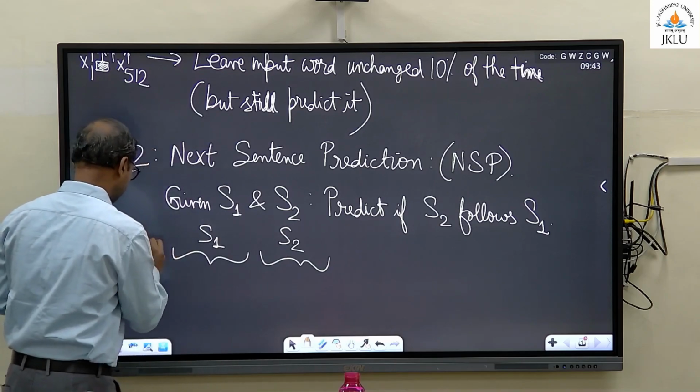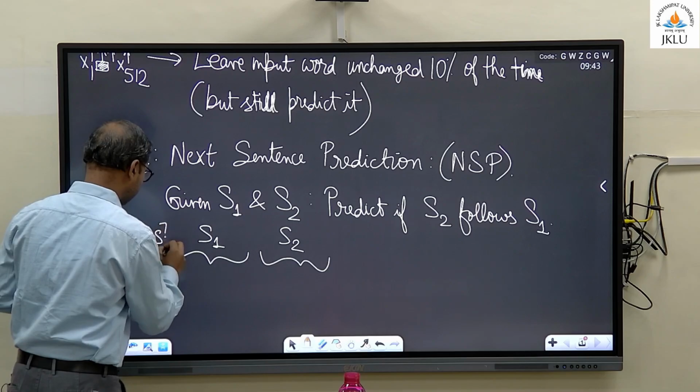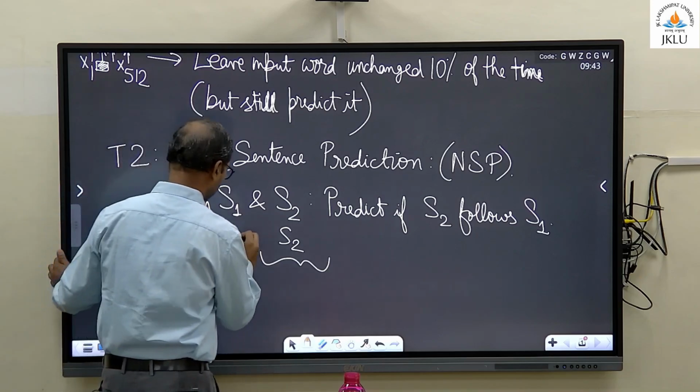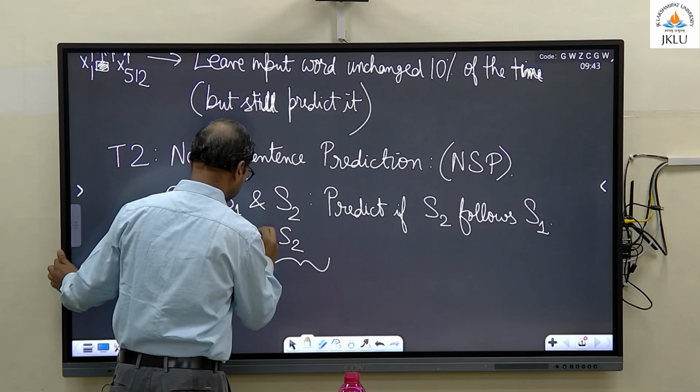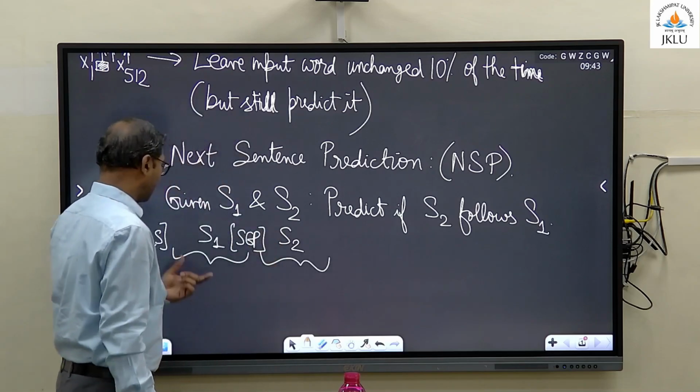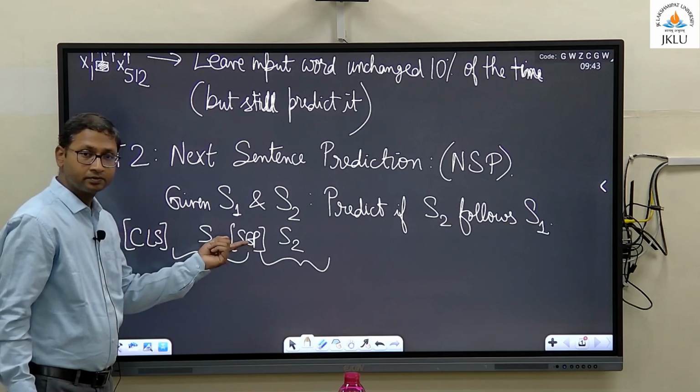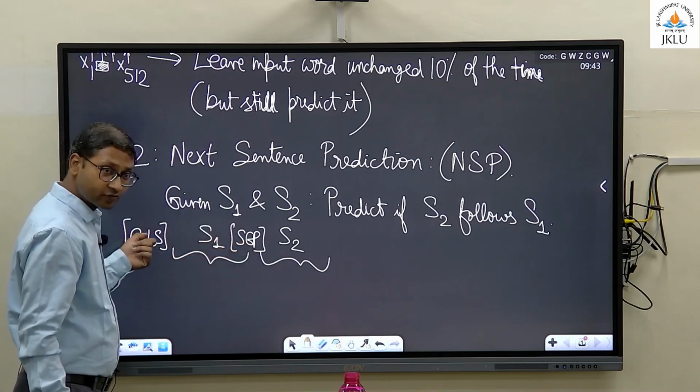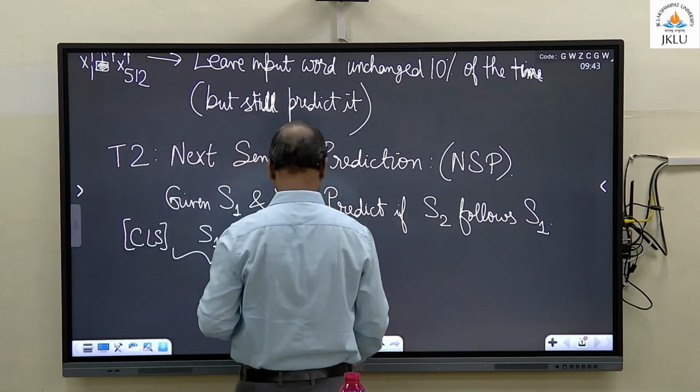So you start with something called CLS, the exact architecture details I am going to draw in the next class. SEP is the separator, and CLS is the classification token.